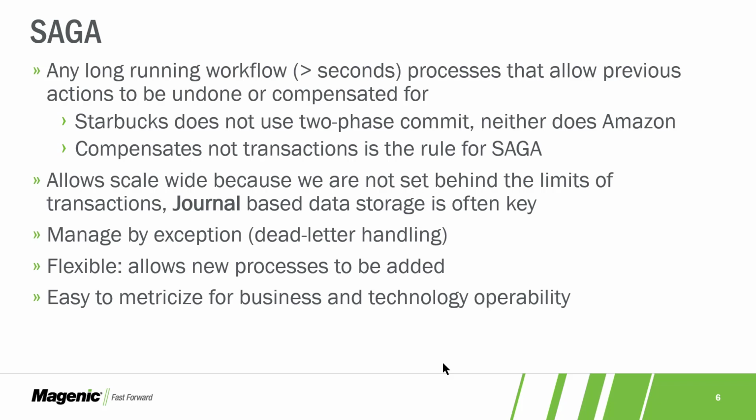Saga systems also focus on managing by exception. In other words, they typically try to be architected so that the happy flows get very little attention, and we manage by exception in that the unhappy flows get put off to a dead letter area or whatever that may have an additional set of workflows, and those workflows may include human intervention. And again, Saga systems are typically very flexible.